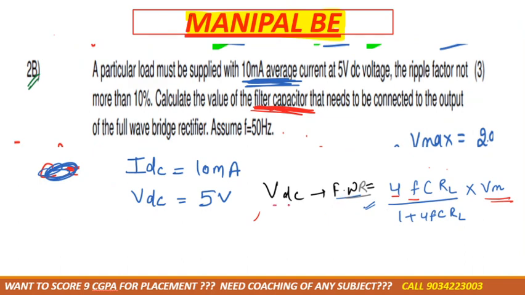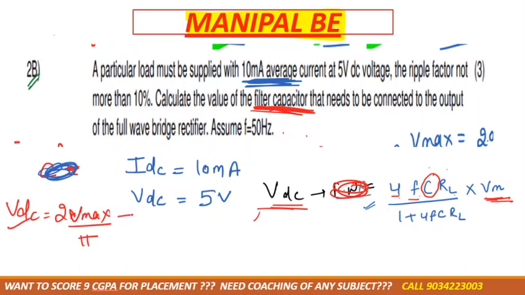See the question. VDC formula is 4 f C RL multiplied by VM. We need to calculate the value of the capacitor. VDC is 2 V max by pi, right? We know VDC, so V max will come. Now tell me, how can we get the value for RL?